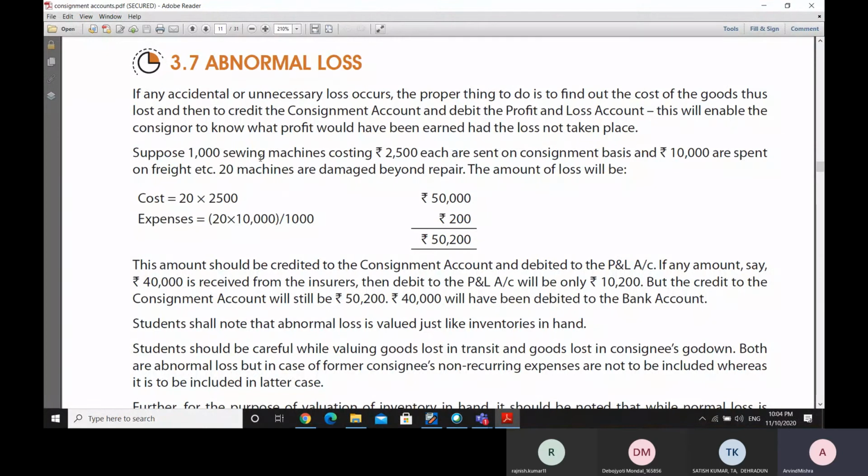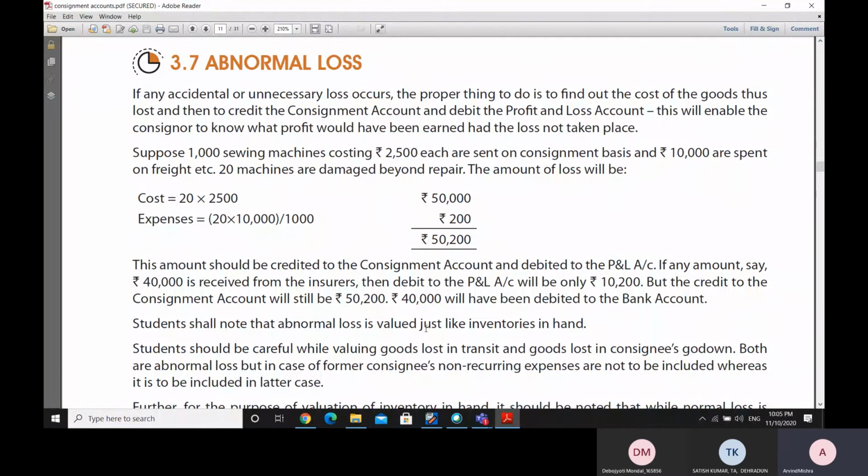Now, why is he doing that? In order to be able to value his stock properly. Okay. For that reason, he's doing this. So that means, sir, otherwise he won't be able to value his stock in a correct way.